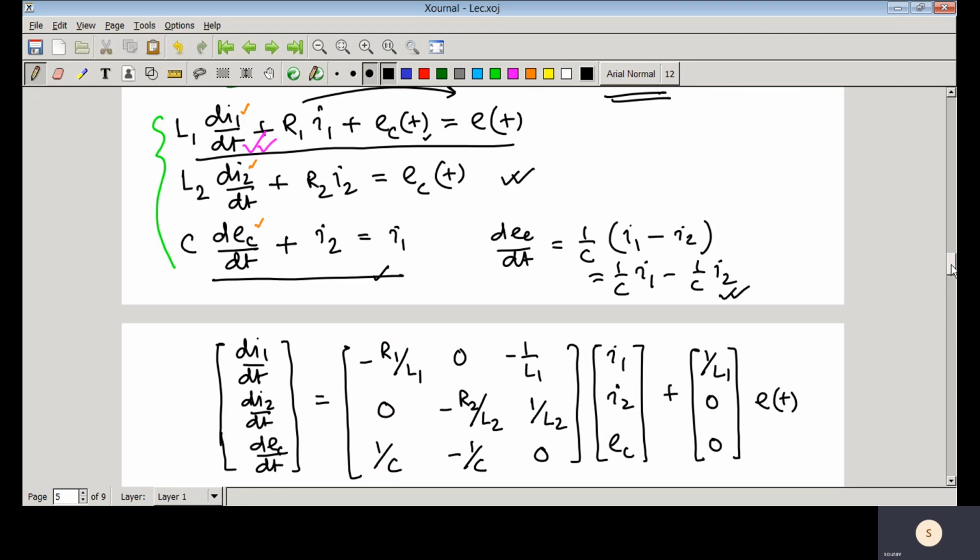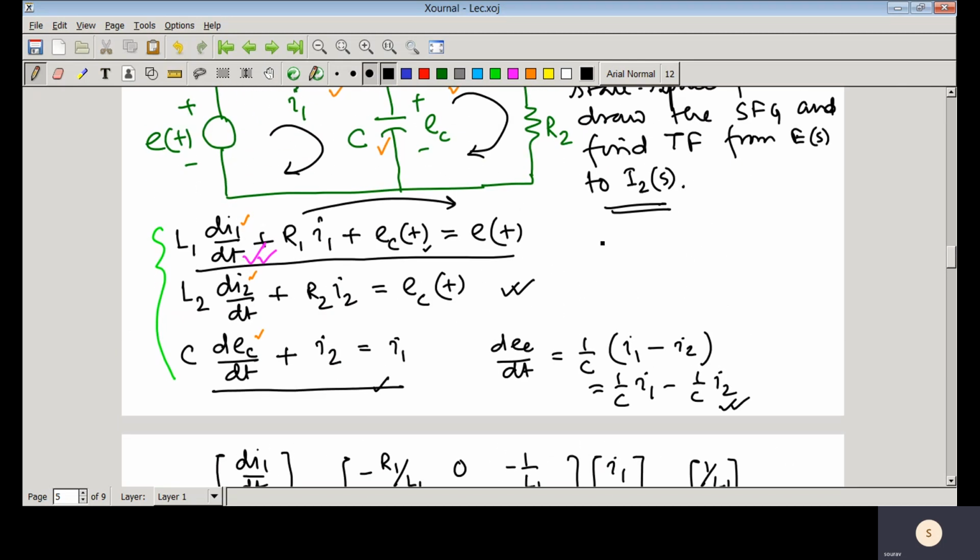And here you can write dI1 by dt. If I use a different color here, dI1 by dt equal to minus R1 by L1 I1 minus 1 by L1 EC(t) plus E(t).